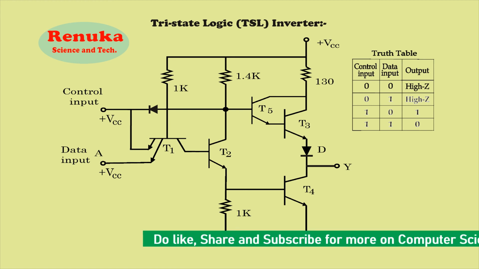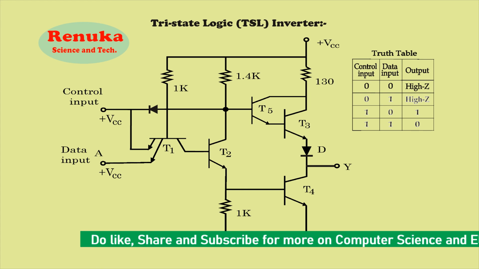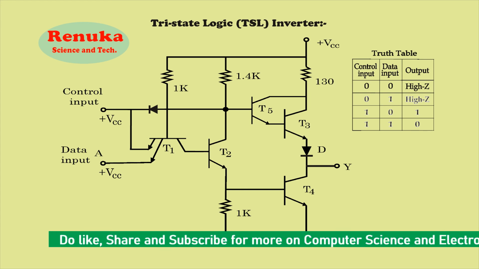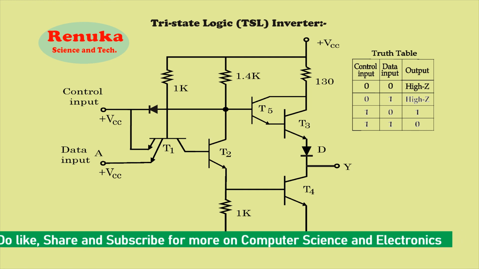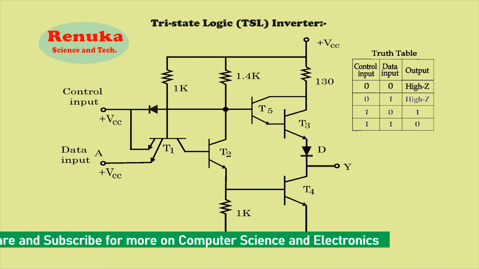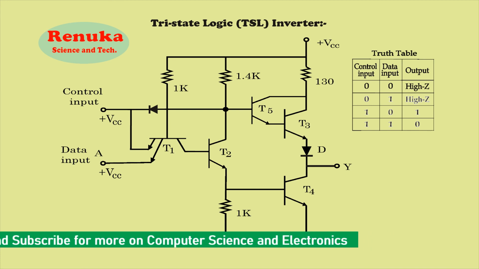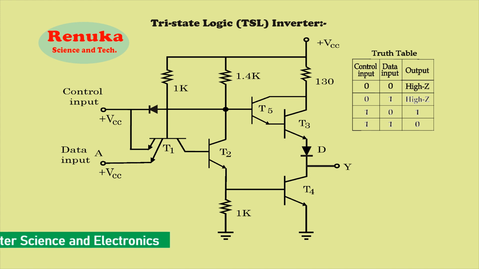If transistor T5 is not getting any voltage at its base, then it will obviously be off. And if this transistor is off, there will be no voltage at the emitter of transistor T5, and this emitter is connected to the base of transistor T3. So the base of transistor T3 is also not getting any voltage. So right now T5 is off, which will make T3 off. So both transistors will be off.